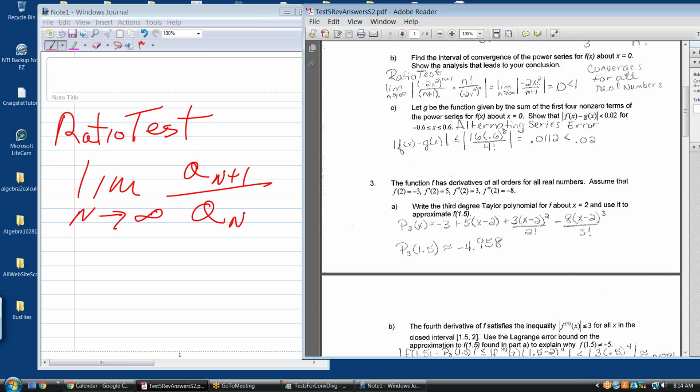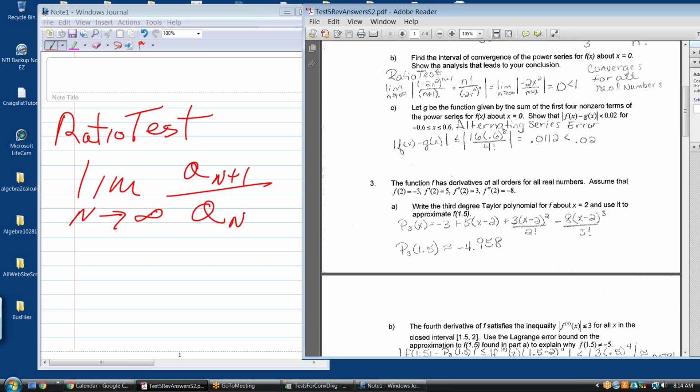So the limit of this expression as n goes to infinity is what? 0, right? Even though there's a variable in the numerator, it doesn't matter. As long as the denominator is going to infinity for any given value of x, this thing goes to 0. Now, if there was an n in the numerator, that wouldn't be true.